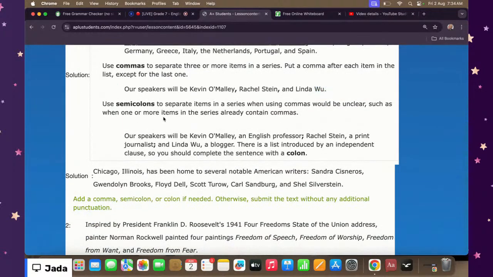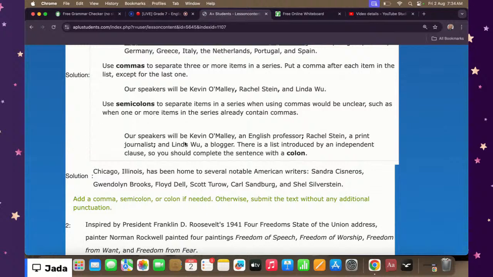You use a semicolon to separate items in a series when using commas would be unclear. So if you know that you would use a comma and it will be unclear, that's where you go with your semicolon, such as when one or more items in the series already contain commas. If the sentence already has a comma and it will probably get you confused, just kindly use a semicolon. Do not get yourself even more confused.